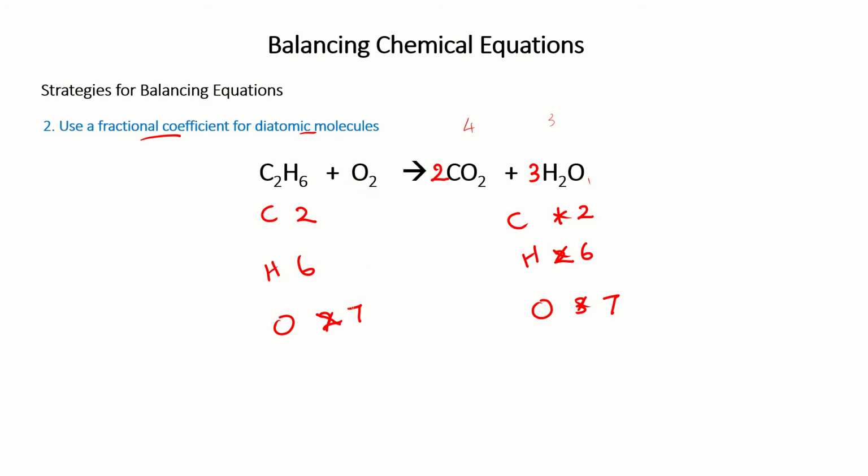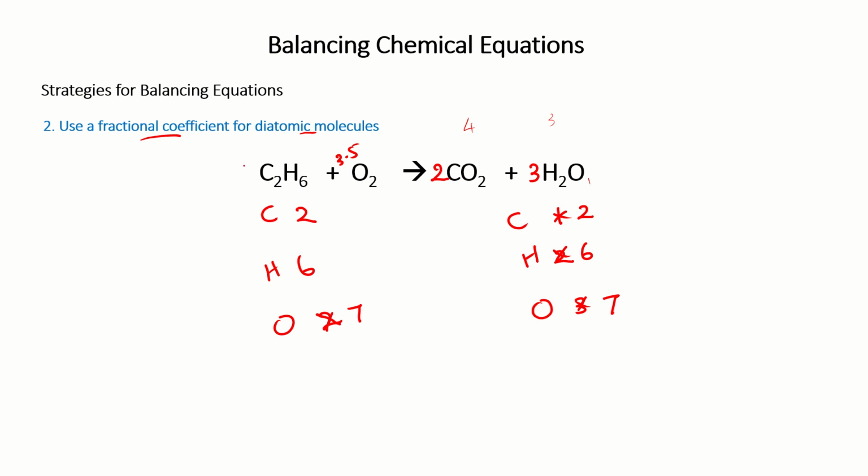So divide 7 by 2, what do you get? That is 3.5. 3.5 divided by 2 gives you 7. Now this is an equation with fractional numbers. In a real balanced chemical equation, what we have is the simplest whole number ratio.